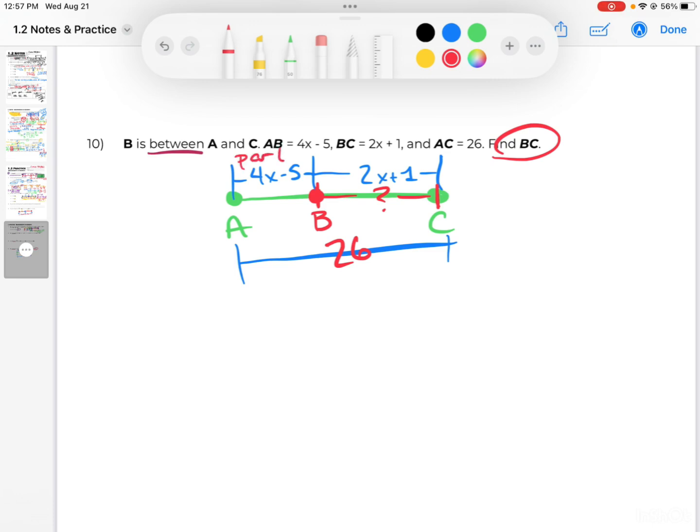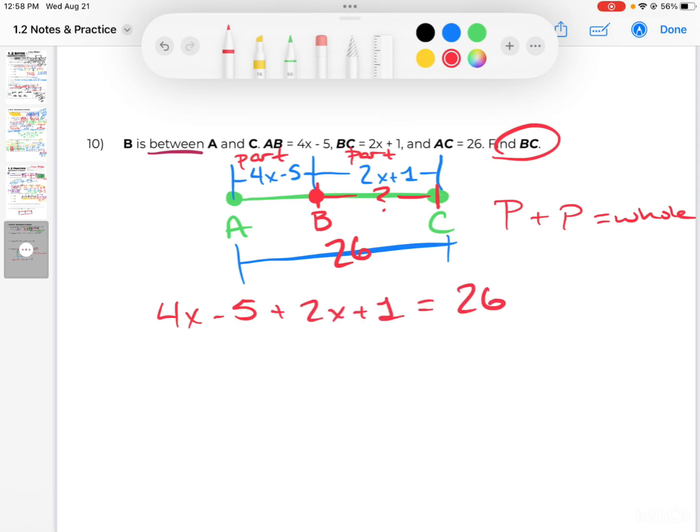First thing, I know that these two are parts. So that's a part, this is a part, and a part plus a part equals the whole thing. And so if I take 4x minus 5, which is part 1, and I add that to 2x plus 1, which is part 2, they're going to equal 26, which is the whole thing.